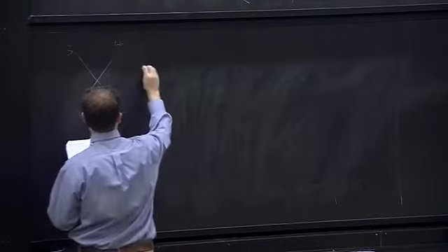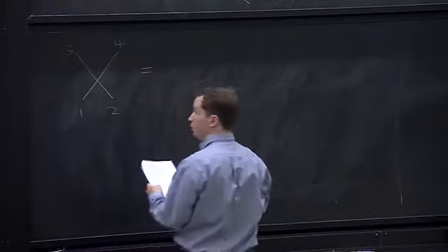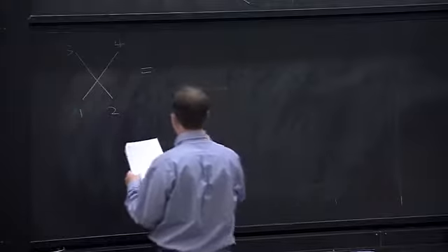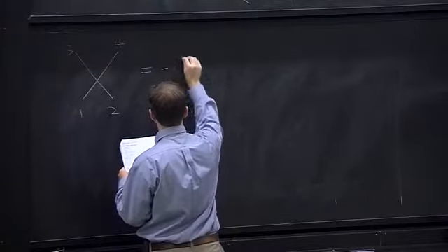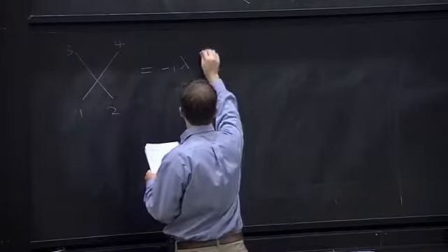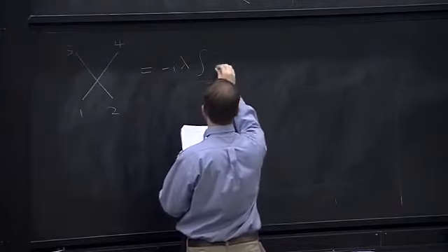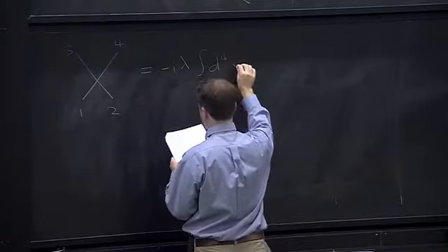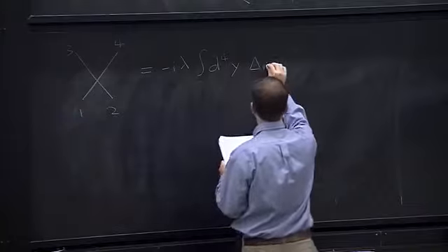Okay, so the first interesting diagram is this one. And we can write down, using the Feynman rules from earlier, the expression for the correlation function corresponding to this diagram. And we just get this.